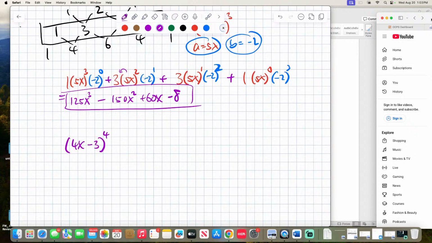What is A and what is B here? Should be able to address that. 4x is -3. Negative what? 3.